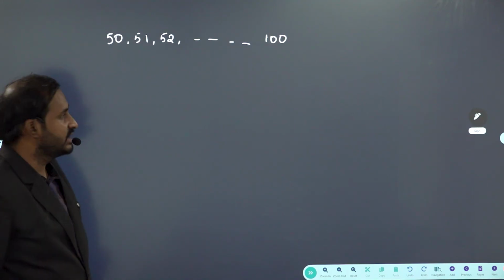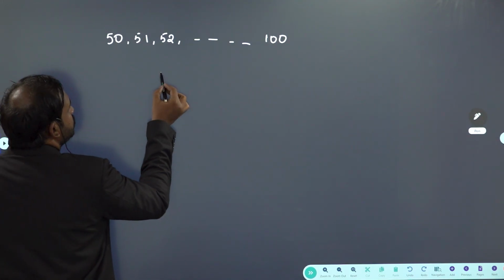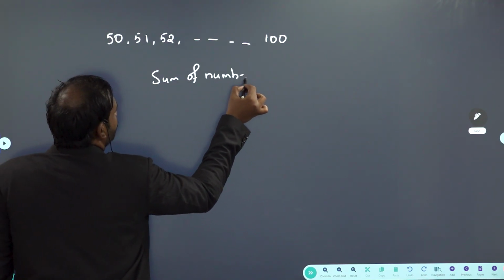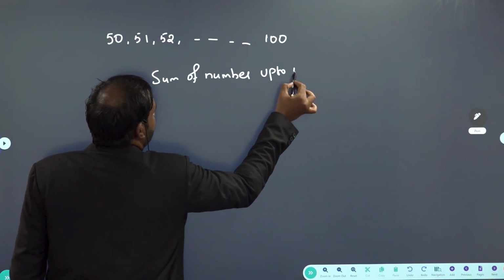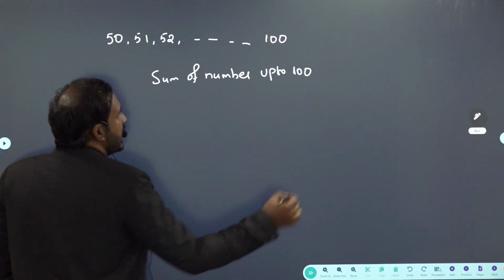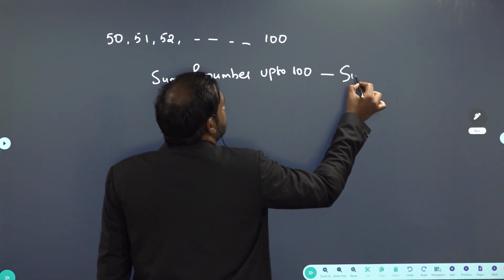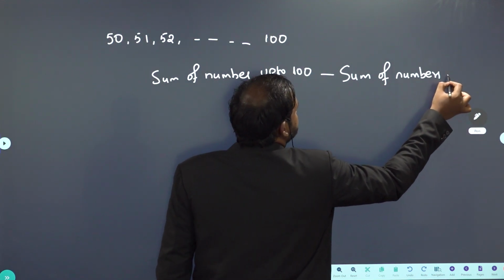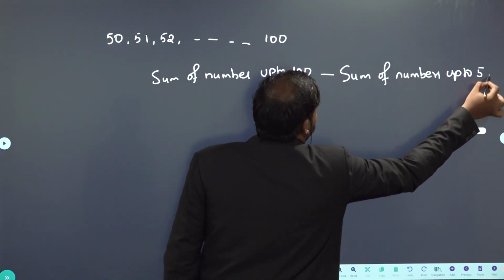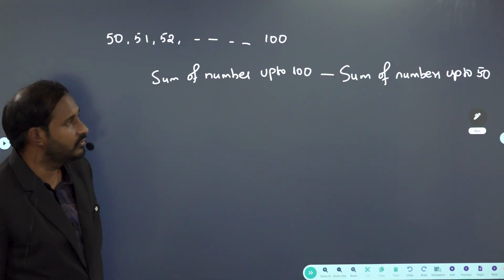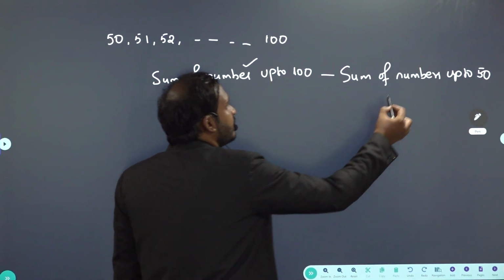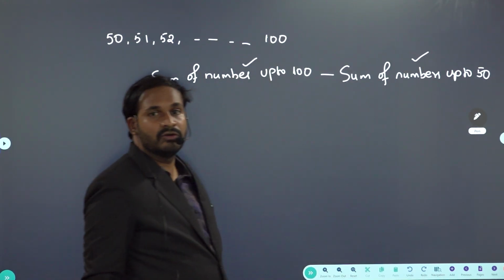That means we first find the sum of numbers up to 100, and from this I need to subtract the sum of numbers up to 50. So once I find the sum up to 100, I subtract the sum up to 50, if we go with the standard or general method.